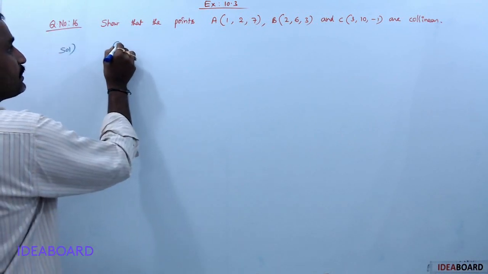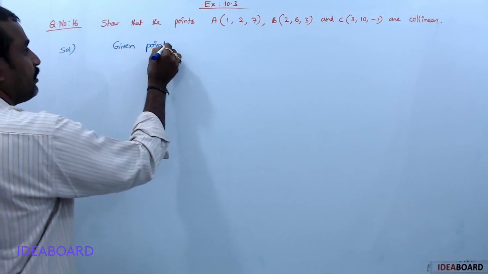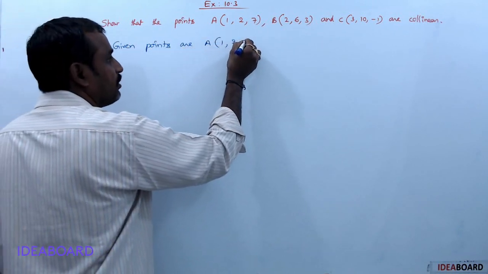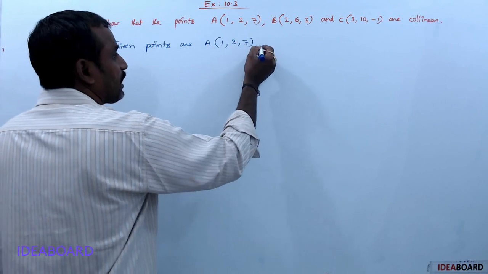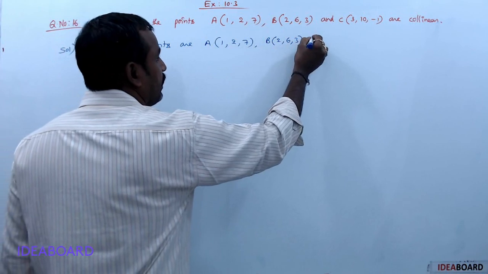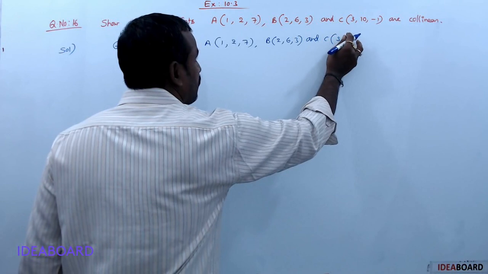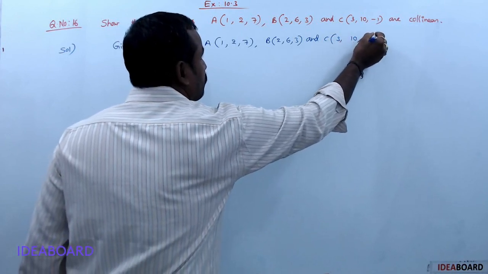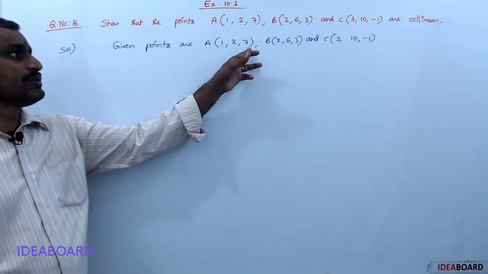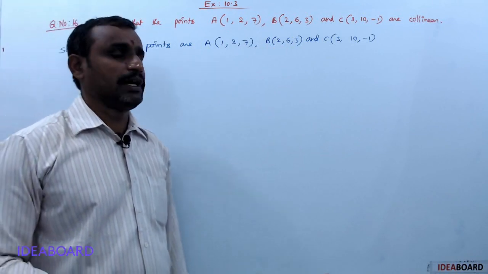Given points are capital A of 1 comma 2 comma 7, capital B of 2 comma 6 comma 3 and capital C of 3 comma 10 comma minus 1.